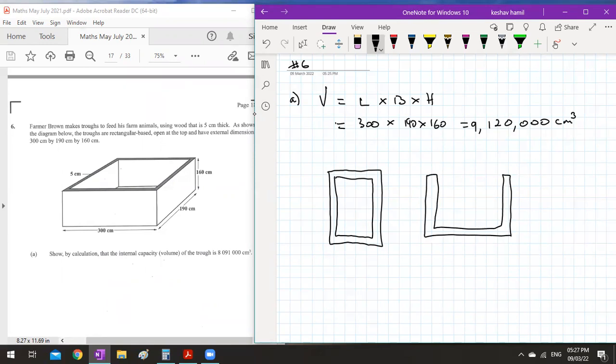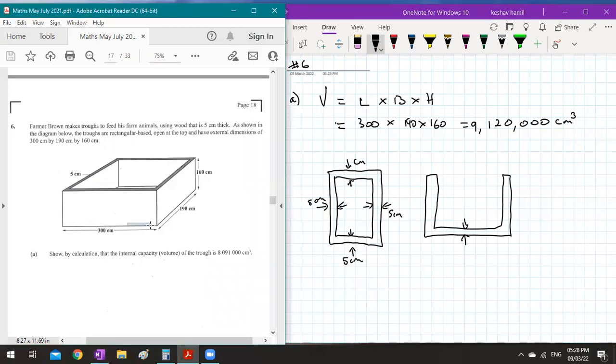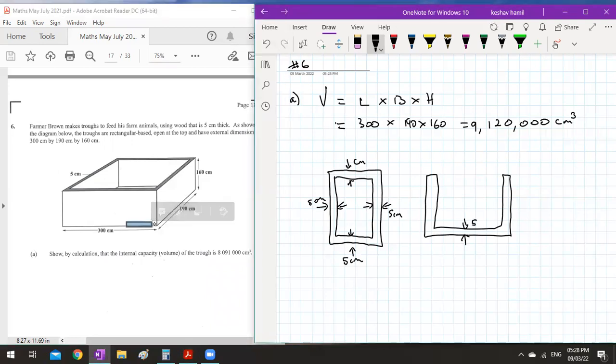So this would be 5 centimeters. This would be 5 centimeters. And the sides here will be 5 centimeters. And in the depth of the box, that would be like here, we will also be losing 5 centimeters.